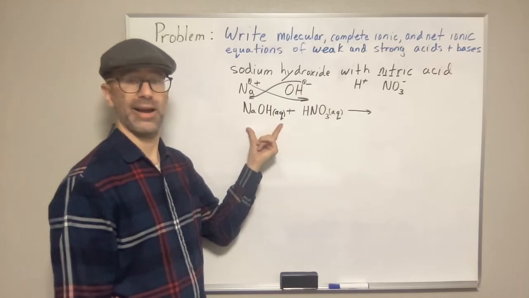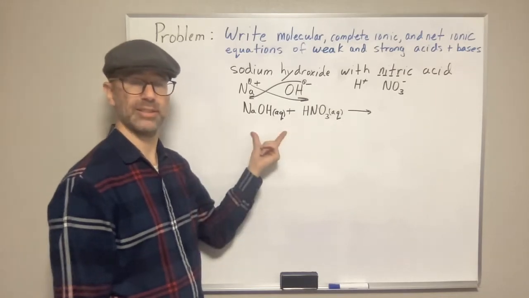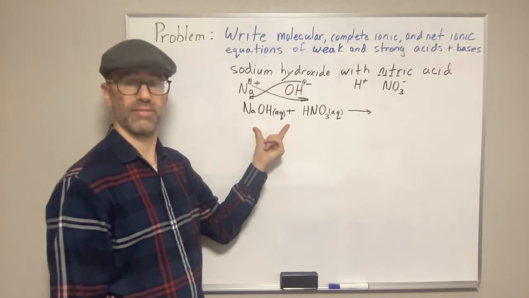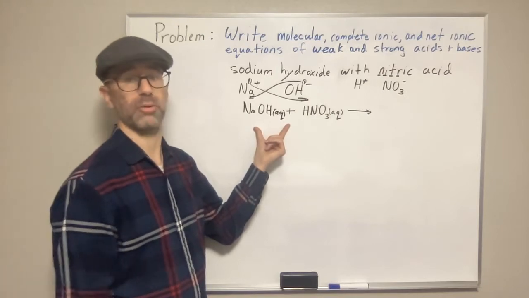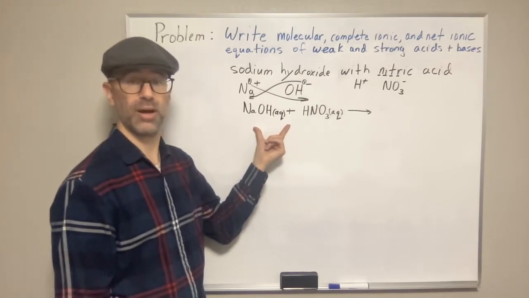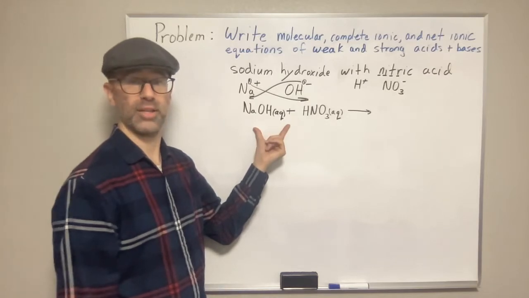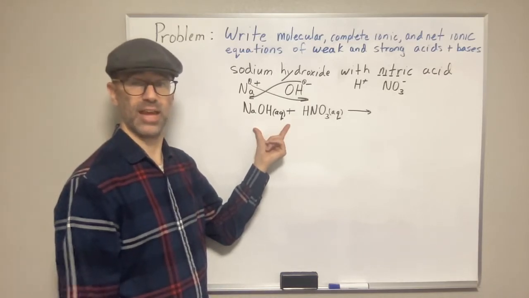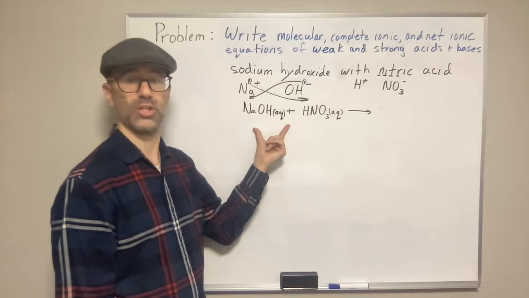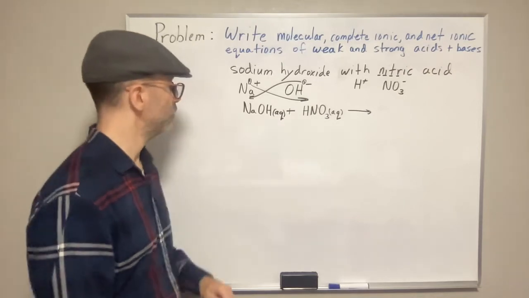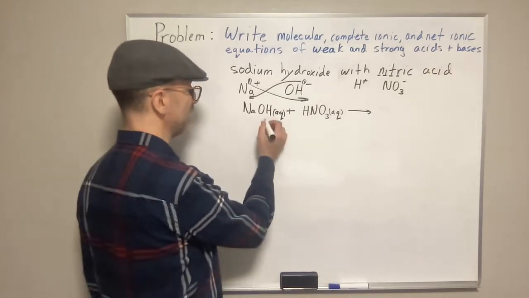So remember, whenever you have two ionic substances, that's a dead giveaway that you have a double displacement or double replacement reaction. And so you could figure out the products by putting the ions together in the same way that you would normally do with your double displacement reactions. And so how do you do that? Well, you put the inside ions together.